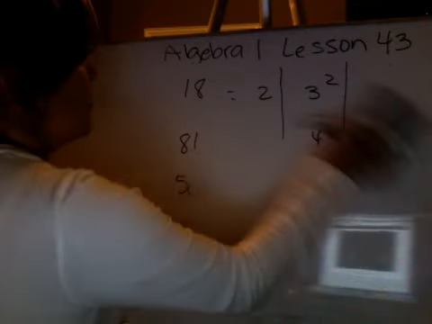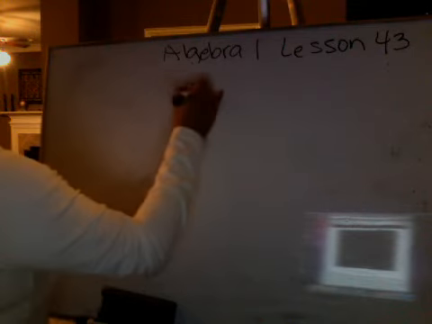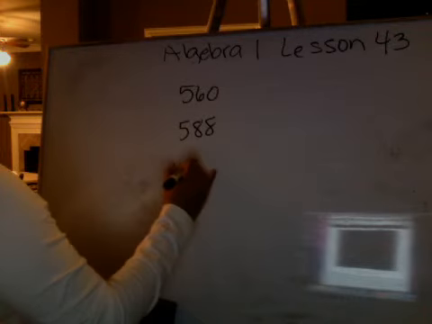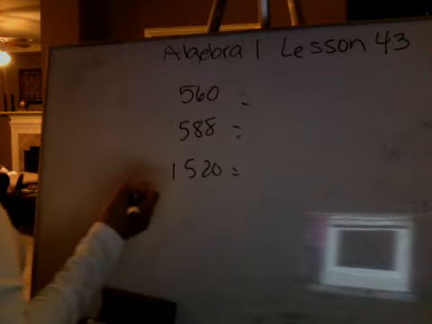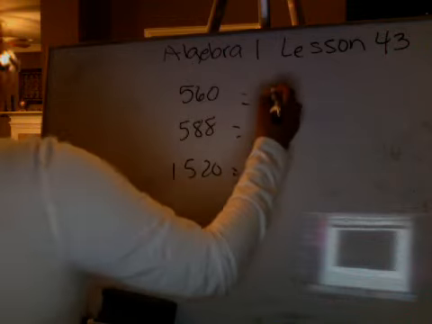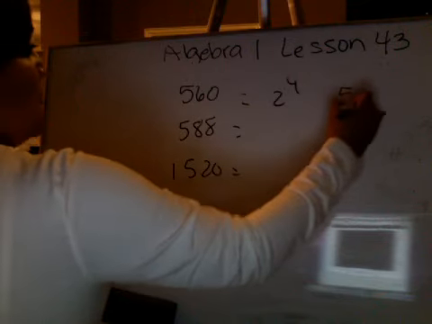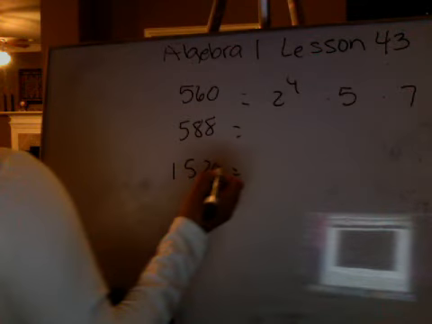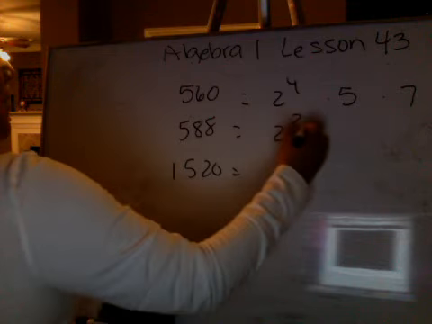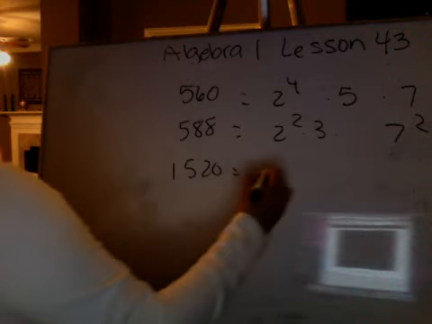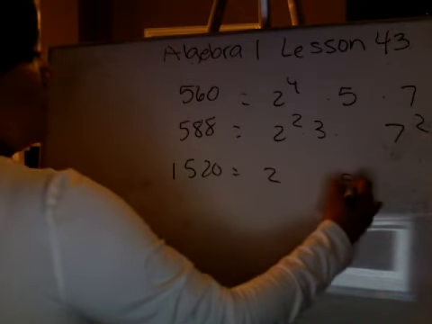So let's do another one to make sure we have this concept down. Let's look at 43.3. 560, 588, and 1520. 560, if you do prime factorization, you get 2 to the 4th times 5 times 7. 588 is 2 squared times 3 times 7 squared. 1520 is 2 times 5 to the 4th.